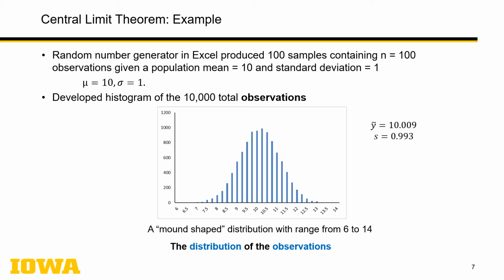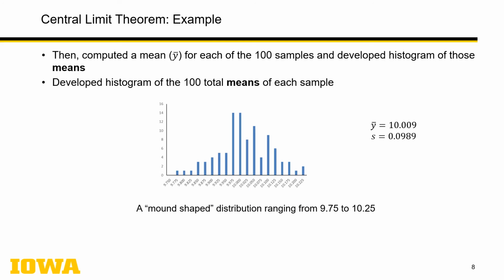Okay, now we have to start talking about a different type of distribution, the sampling distribution. So to get at the sampling distribution, technically, or one way, is we have those 100 samples, 100 columns, to compute a mean for each one.